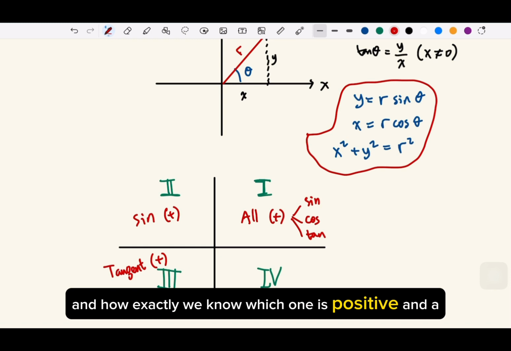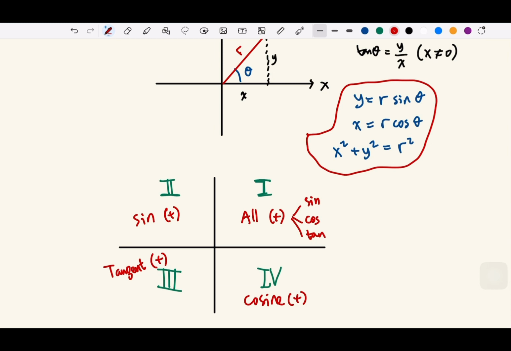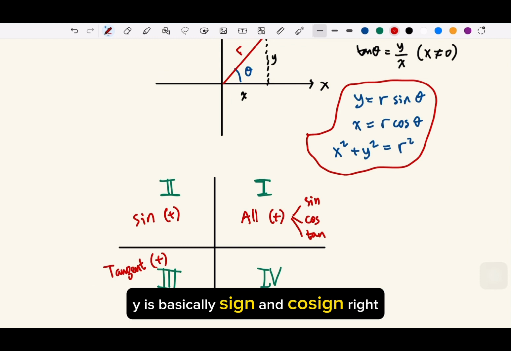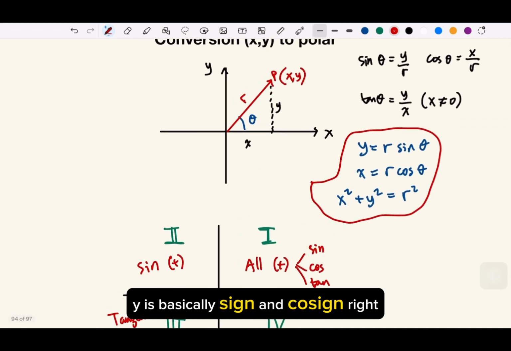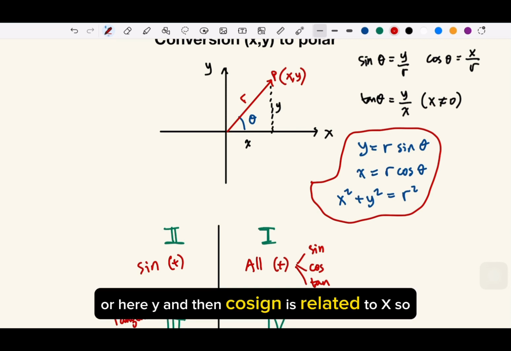And how exactly do we know which one is positive and negative? Actually, you don't really need to memorize that. As long as we understand that this is an xy Cartesian system, and we know the relations between x, y and sine, cosine, right? So sine is related to y, and cosine is related to x.